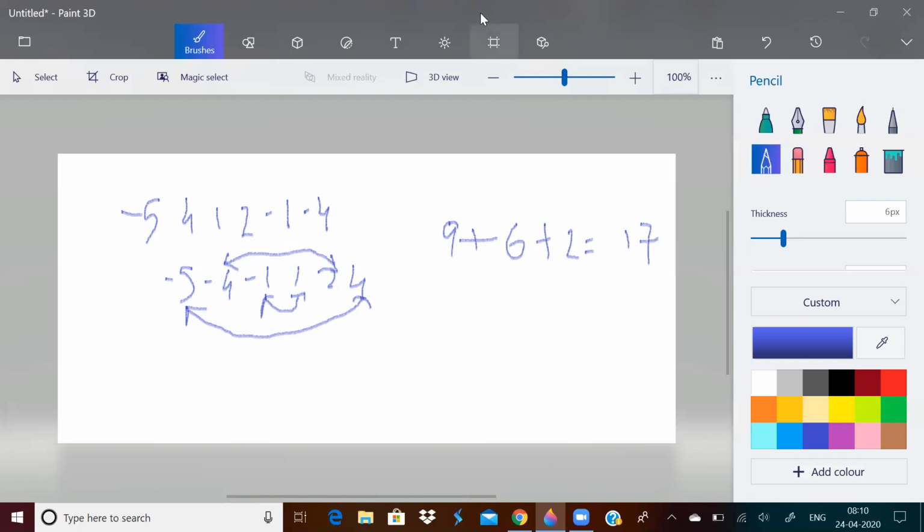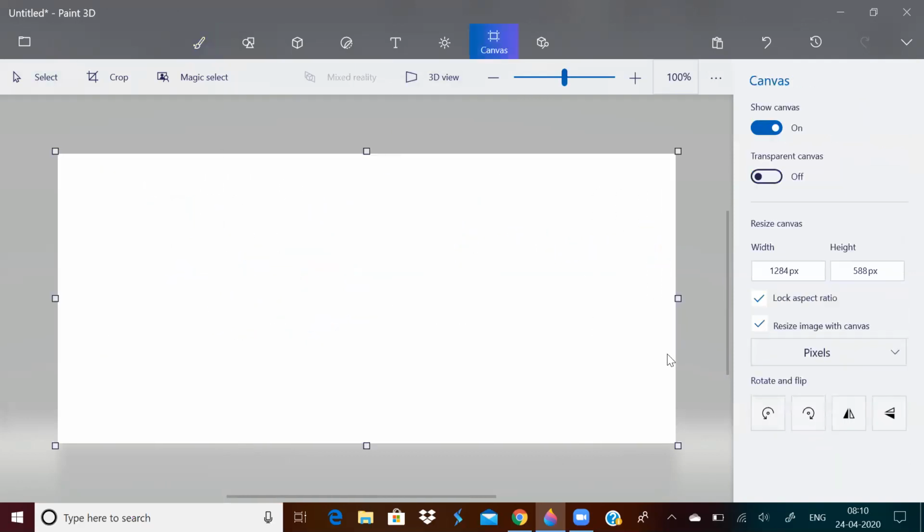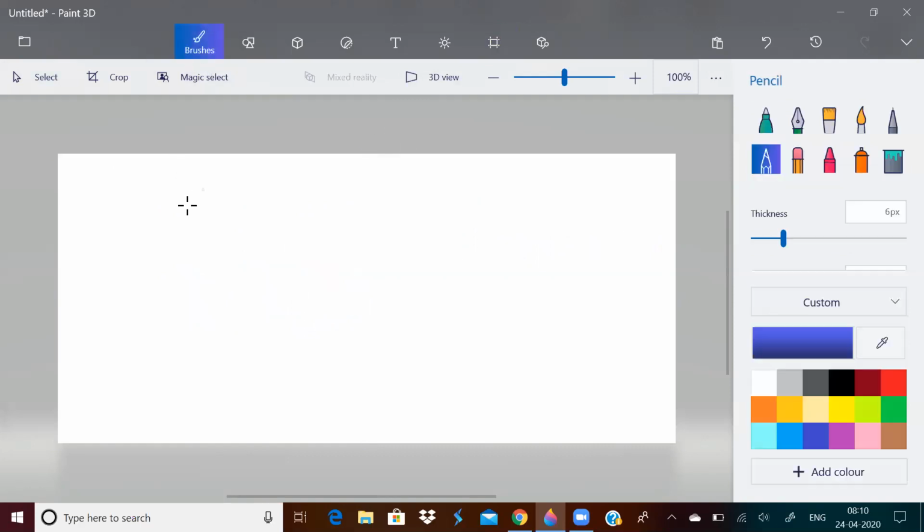Let us take one last example and I'll show you the code for this. It's very simple once you have understood the example. Let us say we don't have an equal number of negative and positive elements. Let us say the array is -5, 1, 3, 2, 4, -4. Now I'll sort it.